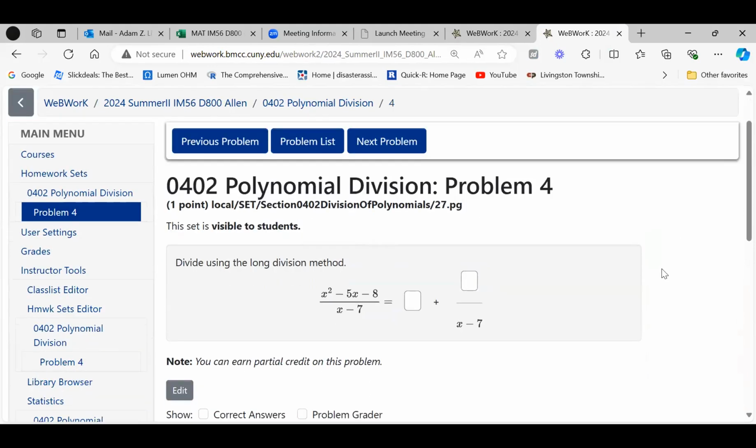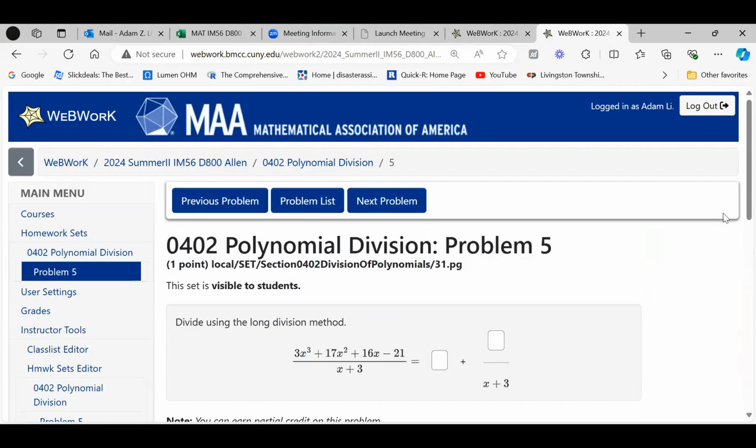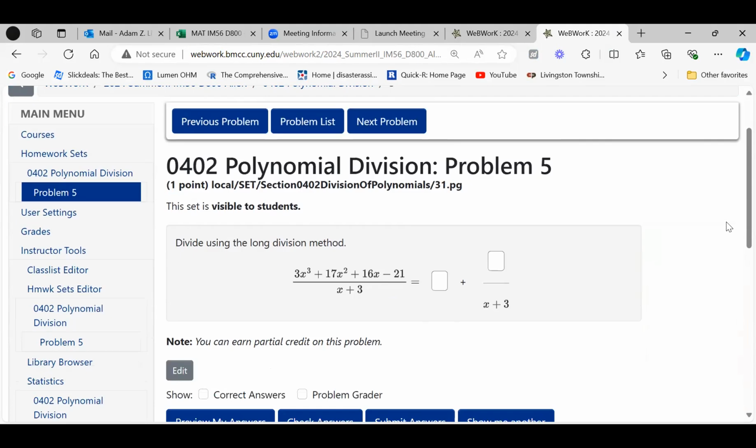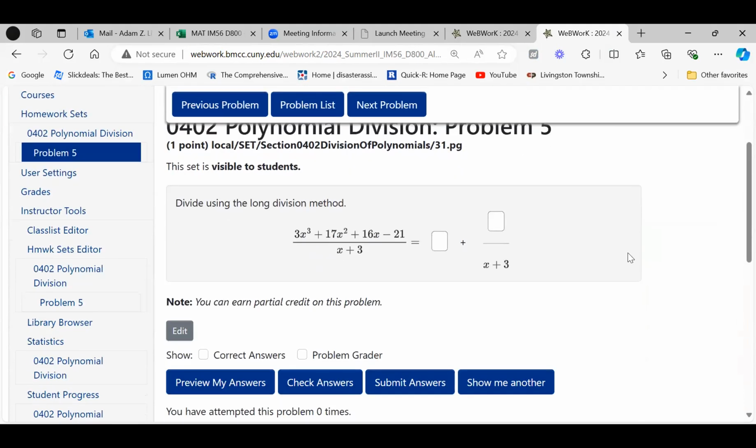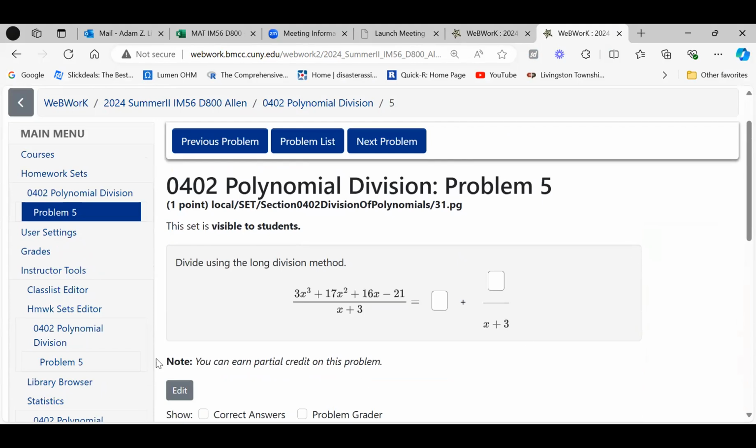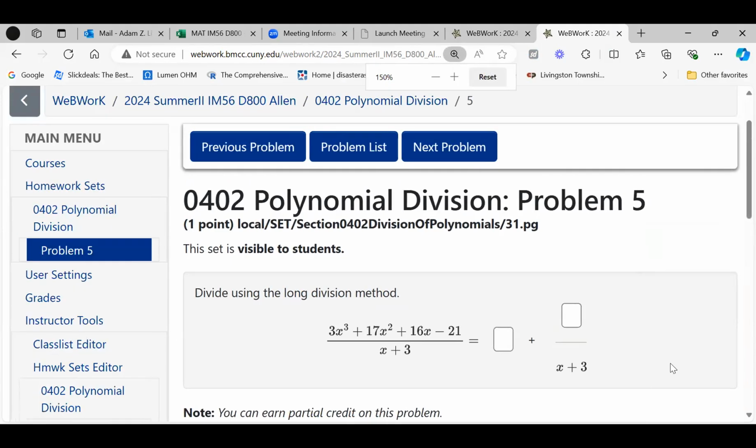Now, let's look at the next question. What if it gets a little more complicated? Can you do this? Maybe I'll give you some time. Try this. It's very similar, it just takes longer, that's all. I'll let you try this.